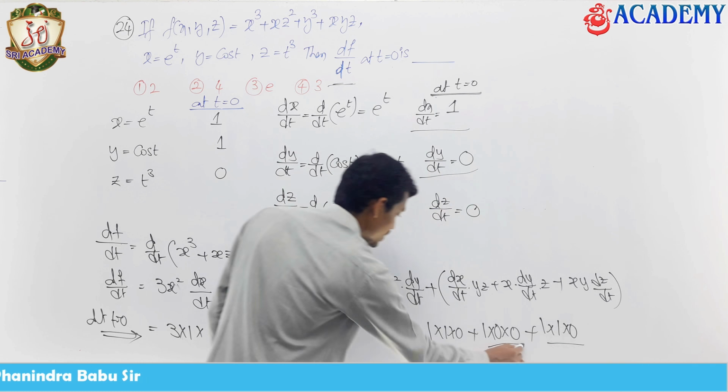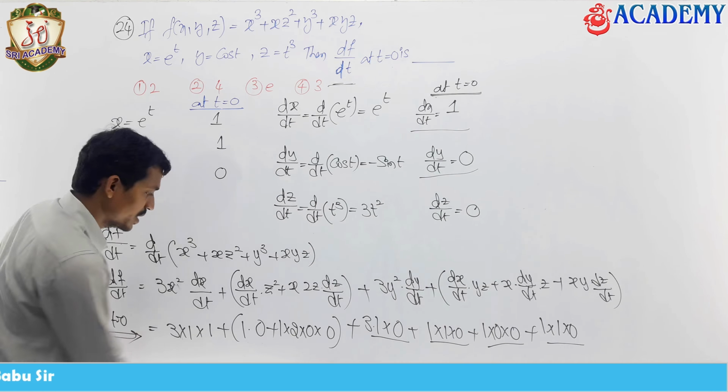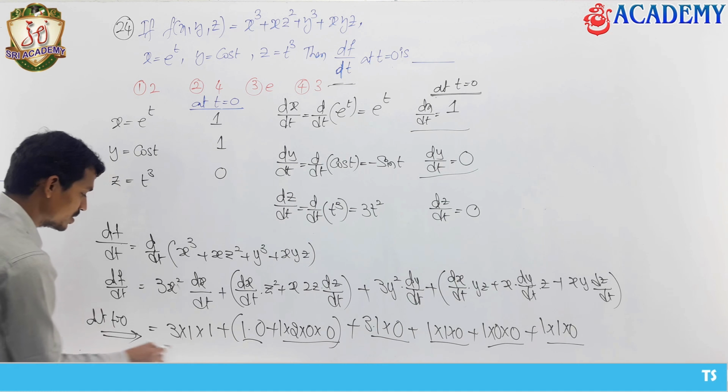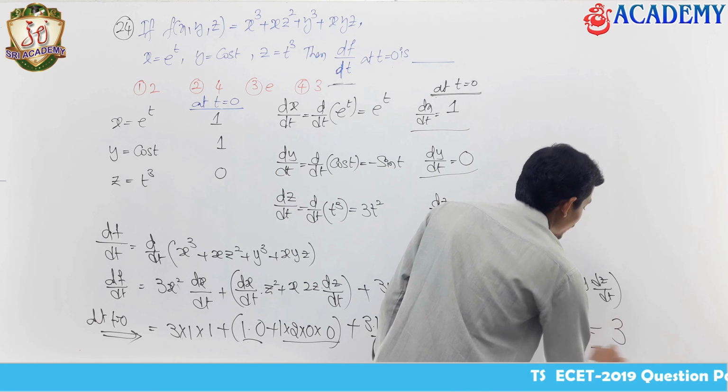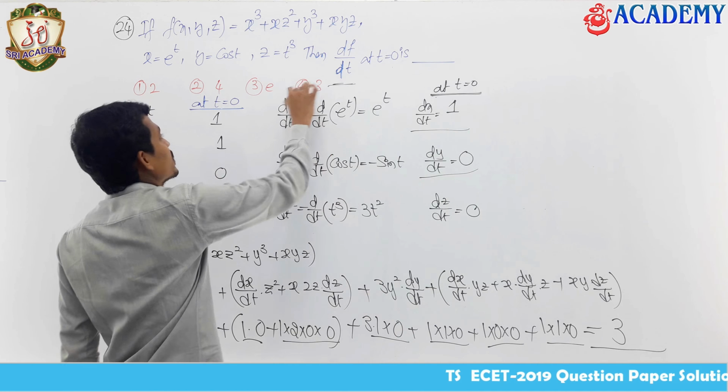This is 0, this is 0, this is 0, this is 0, this is also 0. Only one value remains, that is 3. Simply, the answer is going to be 3.